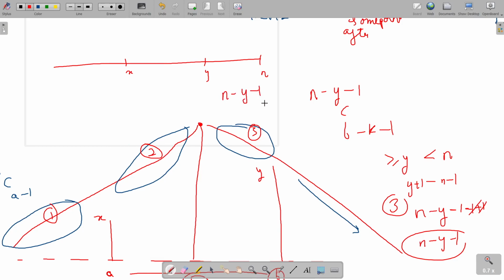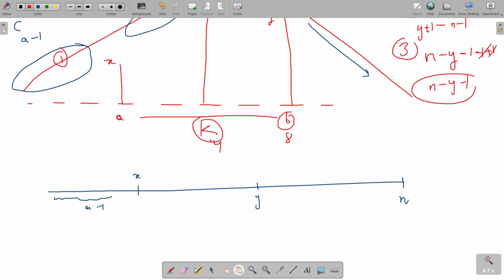You have n minus y minus 1 values, and from that you have to choose b minus k minus 1 values. So if you look here, what we have done is from this range we have taken some values. Now how many values have we taken? We have taken b minus k minus 1 values.